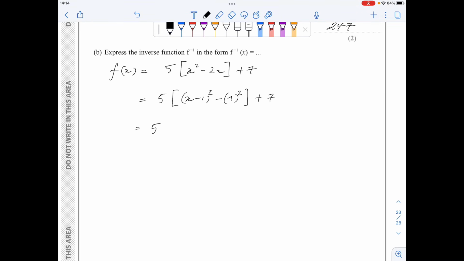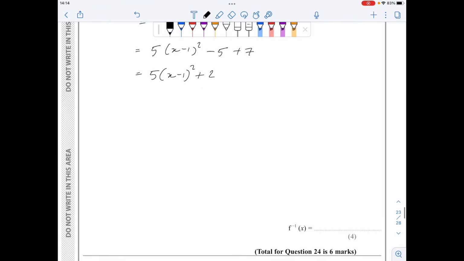And now if I expand, I'll get (x minus 1) squared, and now this is minus 1. If I multiply this by 5, I'll get minus 5 plus 7. I will not expand this bracket, that's the whole target. So 5(x minus 1) squared, minus 5 plus 7 gives me plus 2.